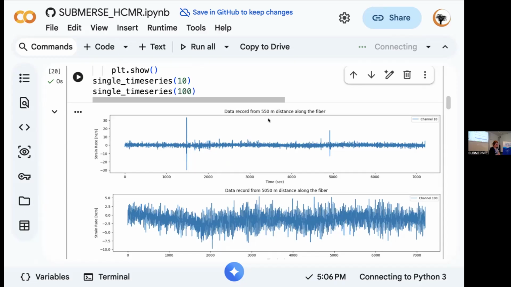Once we move from one cable to another cable that we're not familiar with, one thing to do is to check and become familiar with what is being recorded along the fiber. We benefit from publications based on this data, but this is not always the case if you're looking at data that not many people have looked at.